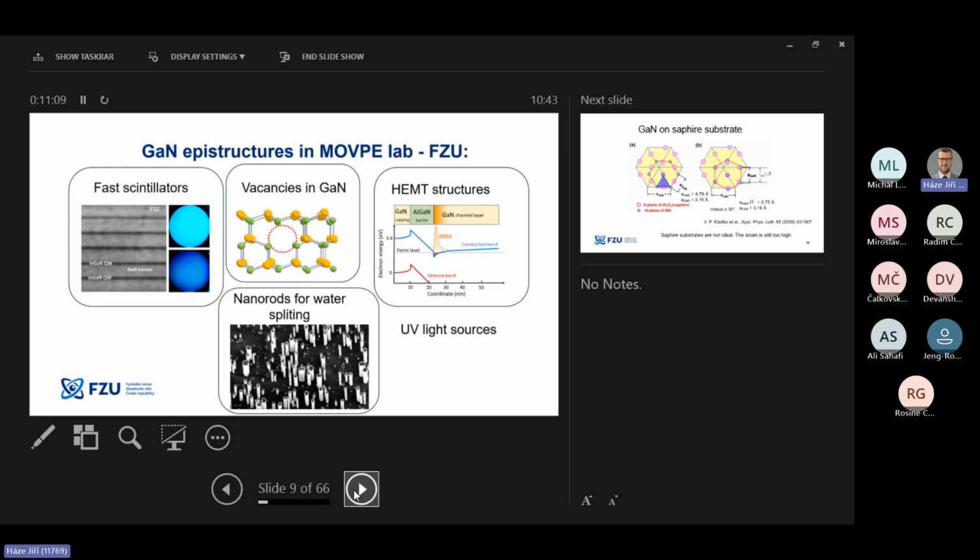And we have really interesting results about vacancies in epitaxial layers. These results are quite unique because usually the only available information is about thick substrates, because it's measured by positron annihilation spectroscopy and it penetrates very deeply into the material. So we have really unique results.